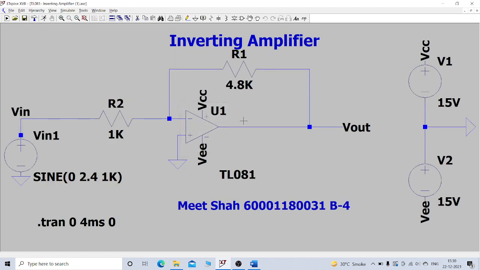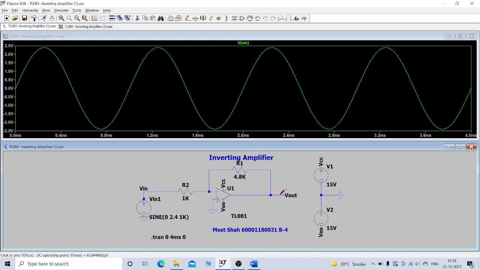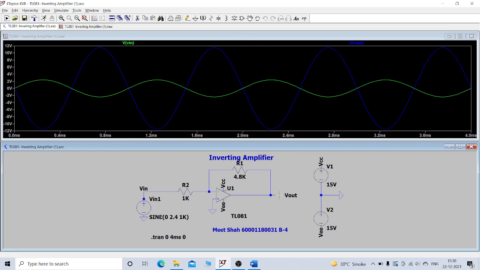So this is our condition. And for a gain of 4.8 of TL081, we'll see what we are getting as output. So this is our output for the inverting amplifier with a TL081 for a gain of 4.8.